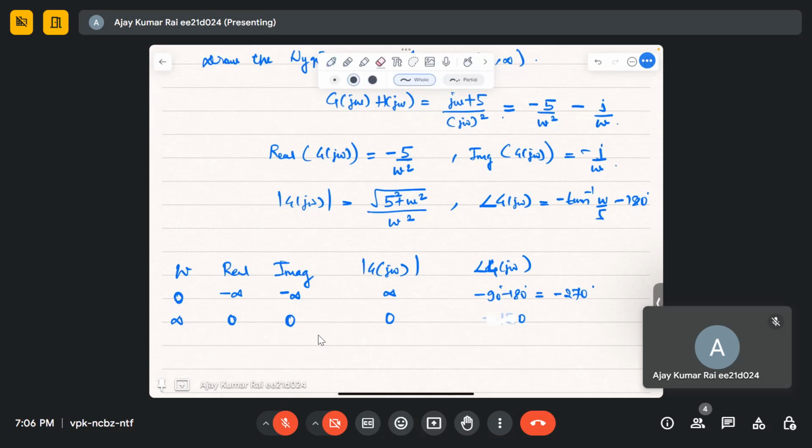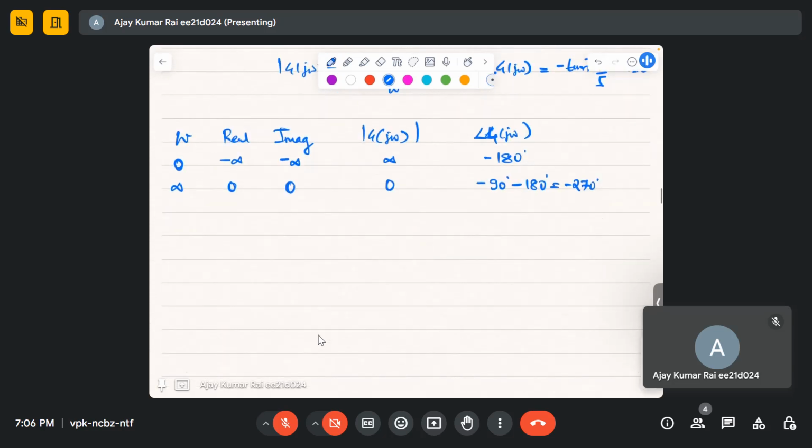Here in this case you will get 270. This minus 270. In the previous, when omega is equal to 0, you'll get minus 180, because tan inverse of 0 is what? 0 degree. So 0 degree minus 180 degrees, minus 180 degree. Okay, this we got. So let's plot this.